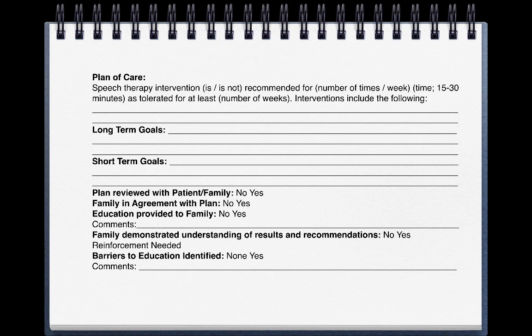And in medical settings, you're required to document that you have a plan, that you reviewed the plan with the family, that the family seemed to understand, and the recommendations, the results of your assessment and the recommendations that you might have. Very important. Again, this isn't so different from what we might do in any setting, but it's required documentation in a medical setting.